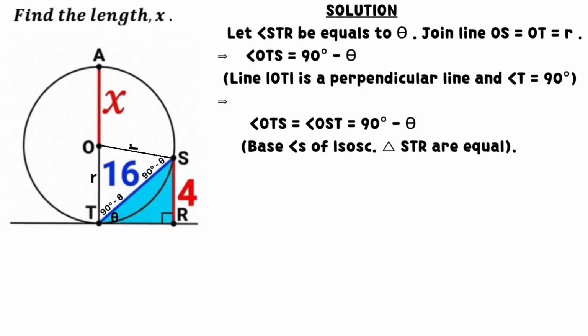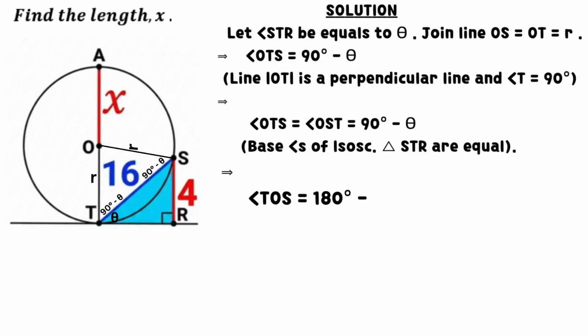It follows that angle OTS equals angle OST, which equals 90 degrees minus theta. It is because base angles of isosceles triangle STR are equal.